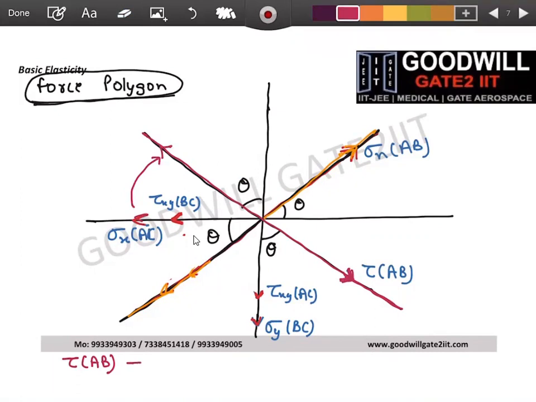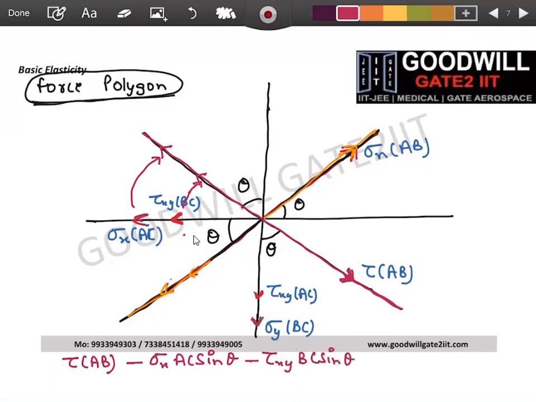So I'll apply minus sigma x AC sine theta. I'm assuming it is clear because we have done the derivation first, so I'm moving a bit fast. Similarly, I'll resolve this tau xy in this direction. Again, it will come with a negative sign. So minus tau xy into BC sine theta.